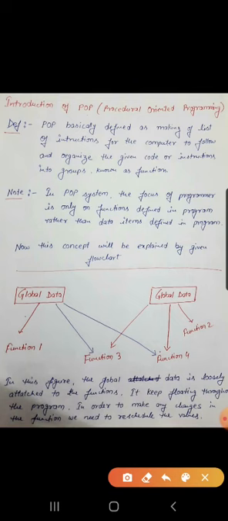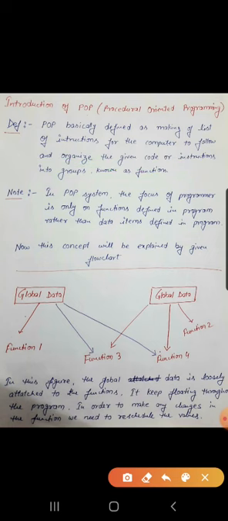As it is written in the definition, POP is basically defined as making a list of instructions for the computer to follow and organizing the given code or instructions into groups known as functions. POP means procedural oriented programming language.